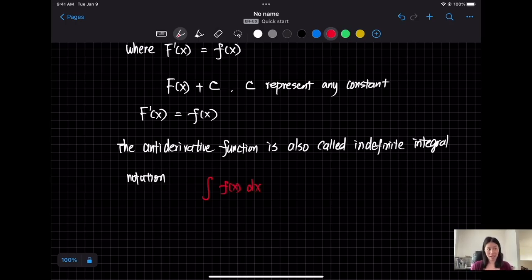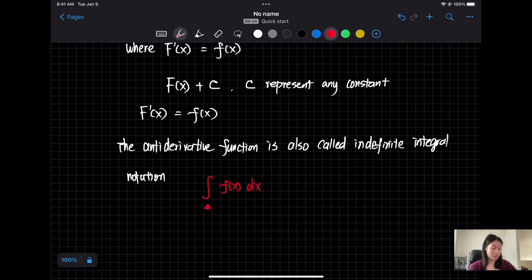That means it's the antiderivative. The sign is still called the integral sign. We must include the dx.